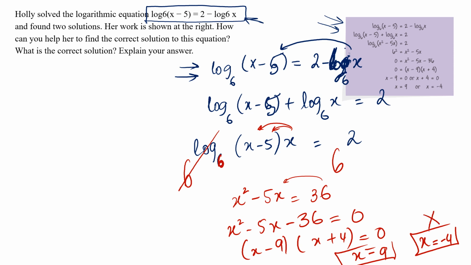That's why my only solution is x equals 9. Because x equals negative 4, I cannot take. The reason is that the log cannot be negative. But this is the scenario if the equation is written wrong.